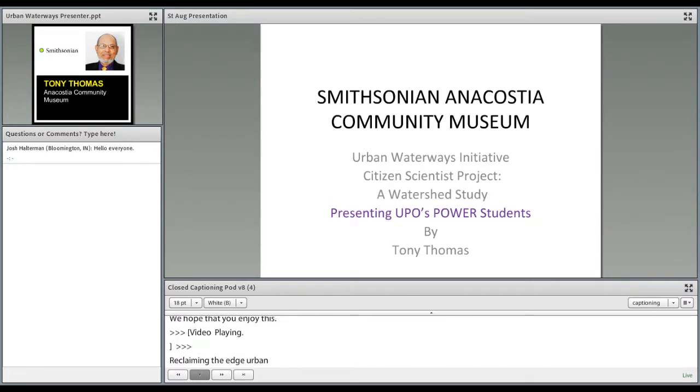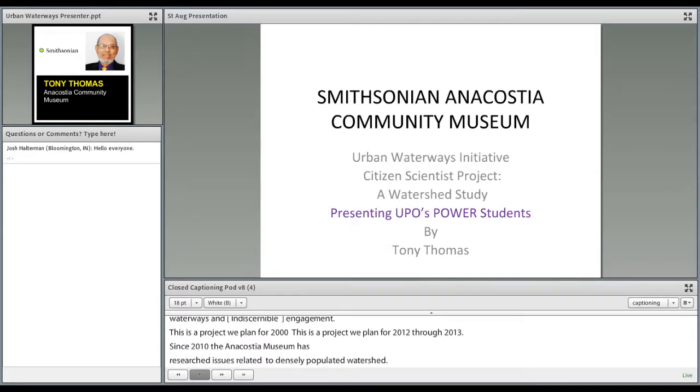Since 2010, the Anacostia Community Museum has researched issues related to densely populated watersheds through its Urban Waterways initiative. Topics of focus have included the impact of suburbanization on upstream, downstream influences, the cultural attitudes of diverse populations toward local ecosystems, and national rivers and urban development.